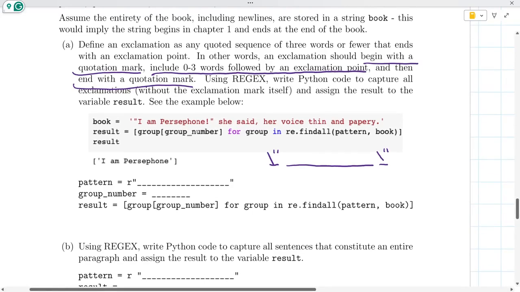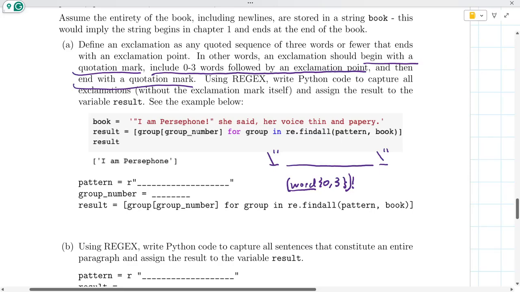So what you can imagine is a word pattern, a regex pattern that corresponds to a word. You have it from 0 to 3 times, and then it's followed by an exclamation mark, which can just be directly written here. But what's important here is that you want to capture the exclamation itself. So you need to also put parentheses around here for a capture group.